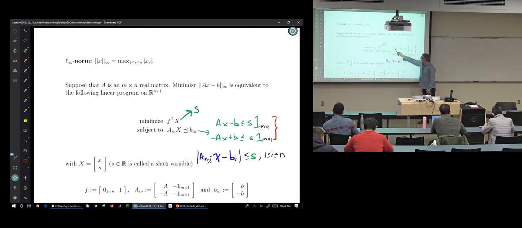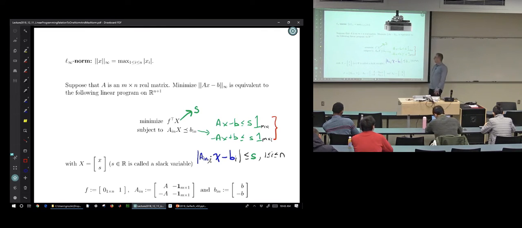And so Ax minus b and minus Ax minus b, that gets us the absolute value part. Okay, so that's what this equation has, both of these in it. But because it's worst case, it's not s1, s2, dot dot dot, sM. It's just s repeated on each row. And so this 1 is 1, 1, 1, 1, 1. So this is s, s, s, s, s, the same s.